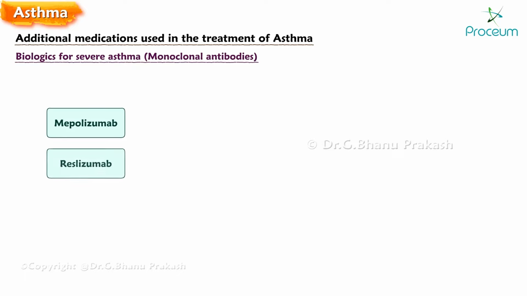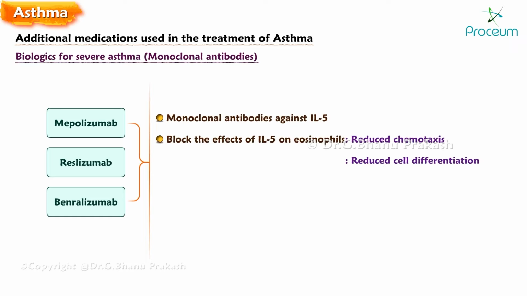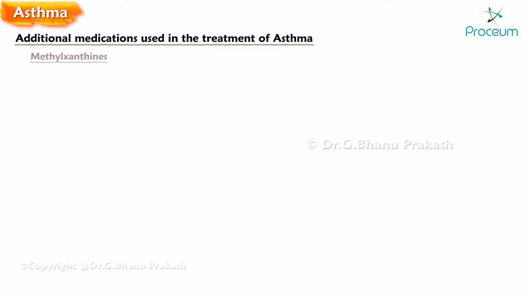Mepolizumab, reslizumab, benralizumab. Monoclonal antibodies against IL-5, block the effects of IL-5 on eosinophils, reduce chemotaxis, reduce cell differentiation, maturation, and activation. Used in severe eosinophilic asthma.